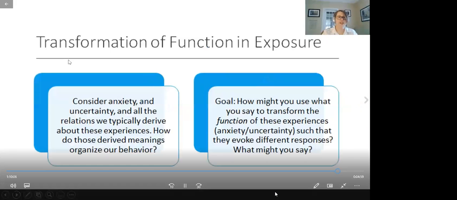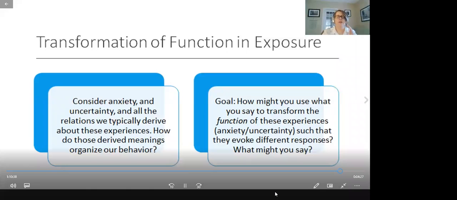And I want to just talk a little bit about what we call transformation of function in exposure. How do we shift from I have to avoid my rituals or I can't let myself do them to I want to explore the world, regardless of fear. And so I'm just going to ask you to think about all the relations that we derive, all the meanings we attribute to anxiety, to stress, to fear, right?